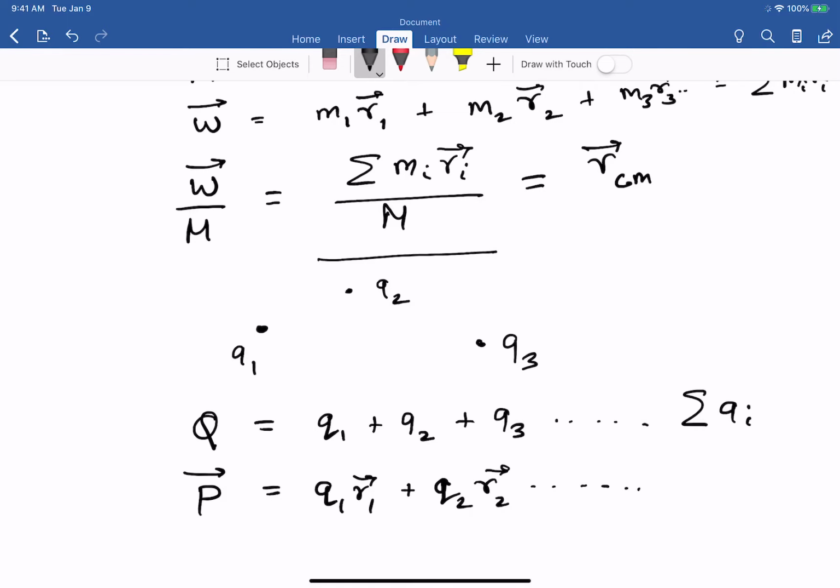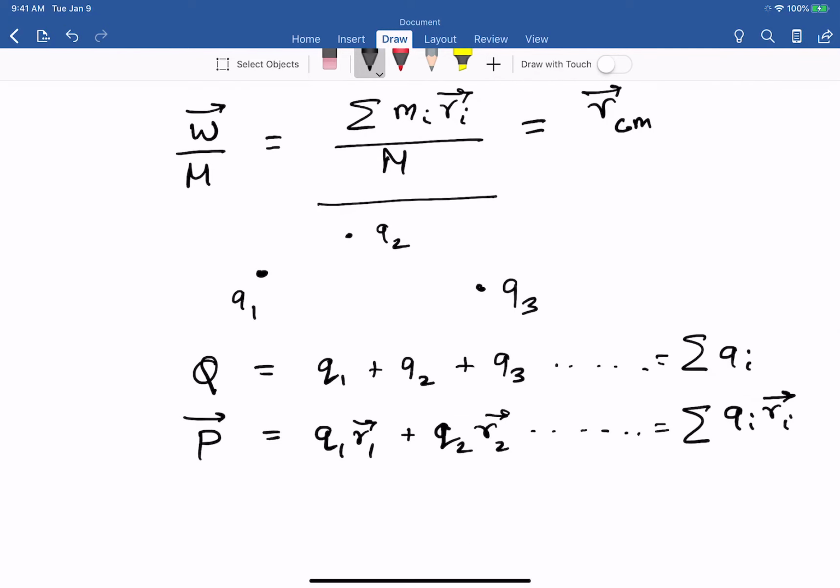In a compact way, you can define this as the sum of qi ri. Now this vector p is called the dipole moment of this distribution of charges. So this is a definition. It's called the dipole moment of the charge distribution.